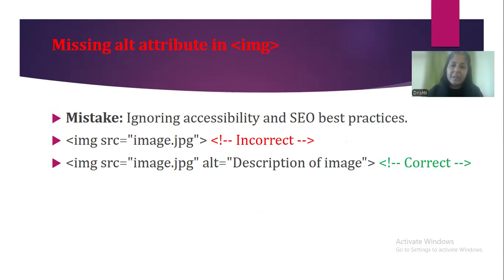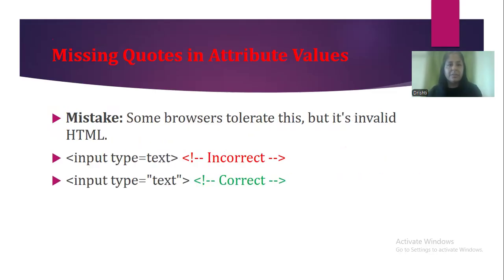So for giving the name to an image, you have to use the alt attribute. Sometimes this is a very bad practice: IMG SRC, students just figure out the image and leave it. You should always go with the description of that particular image with the alt attribute. Okay, so always make it a good practice to do it.